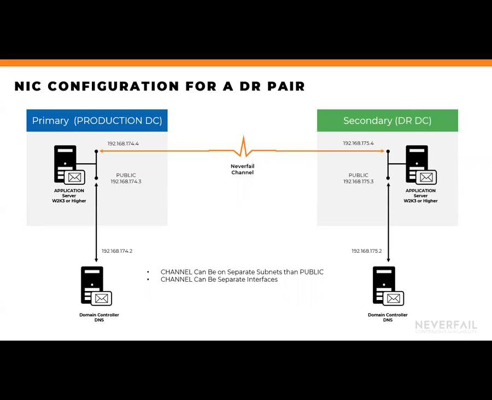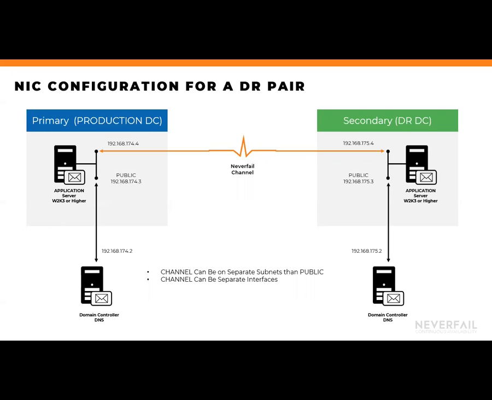Now let's talk a little bit about DR. DR is a little bit different in that you are now on separate subnets, right? So notice that the channel IP addresses are on different subnets, one on the production side, one on the DR side. Also notice that the public IP addresses are different because now you're going to a different subnet. We have to do DNS injection.